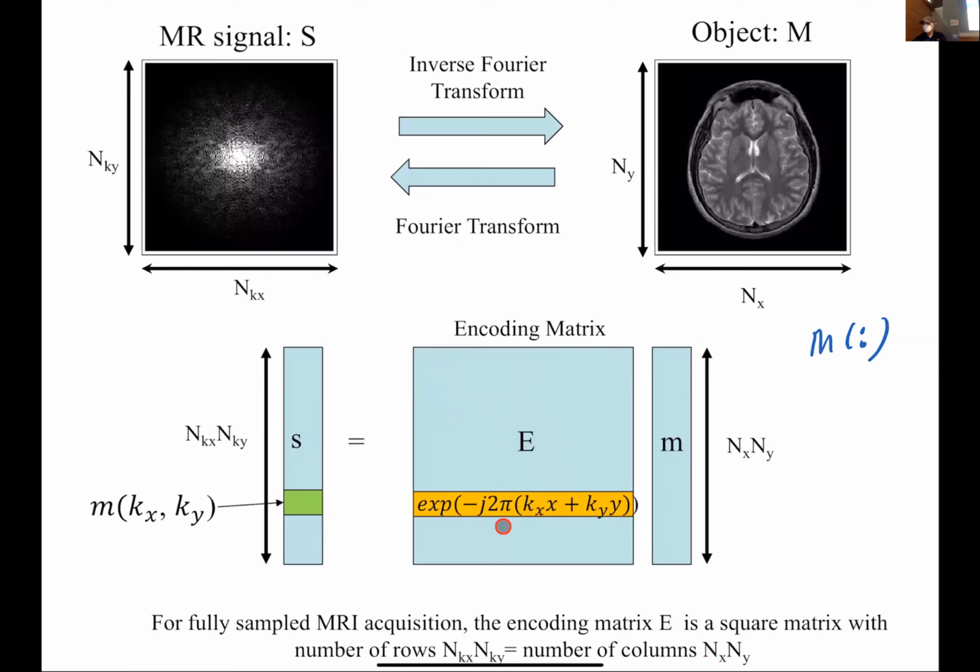For every kx and ky, I just have a different row in this matrix, and each time I do this multiplication, I get the value of the Fourier transform at some kx, ky. So what I've done is take a 2D problem and convert it into a 1D problem.